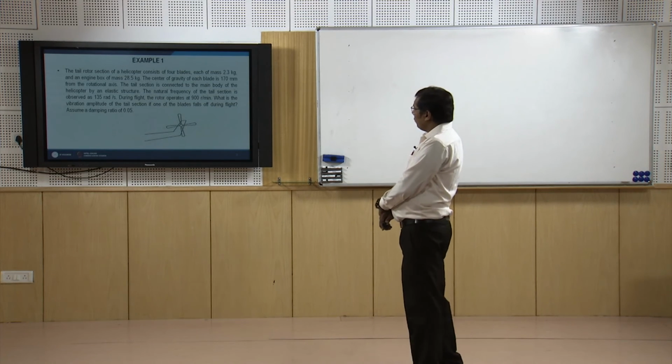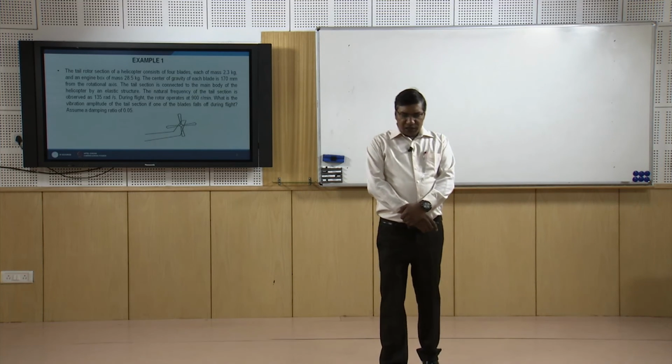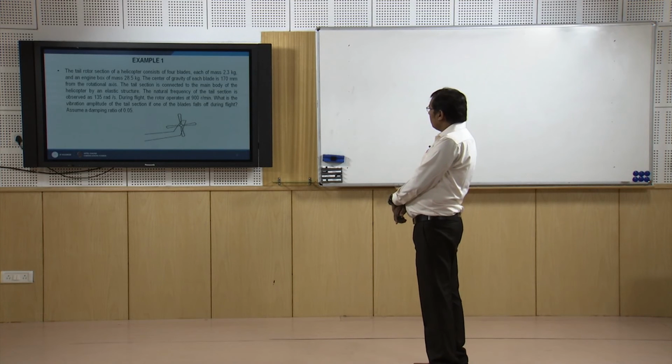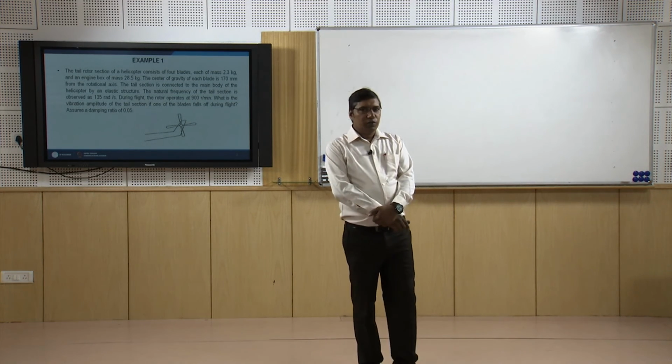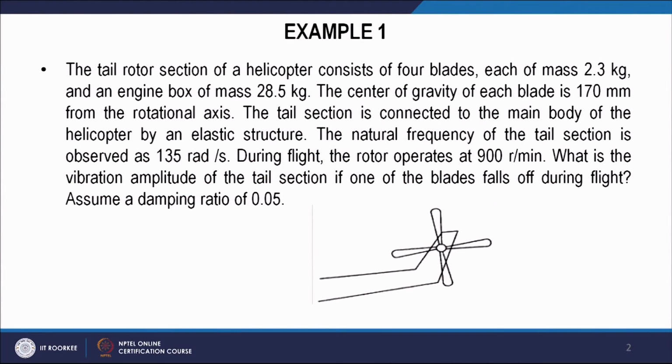The tail rotor section of a helicopter consists of four blades, each of mass 2.3 kg, and an engine box of mass 28.5 kg. The center of gravity of each blade is 170 mm from the rotational axis.